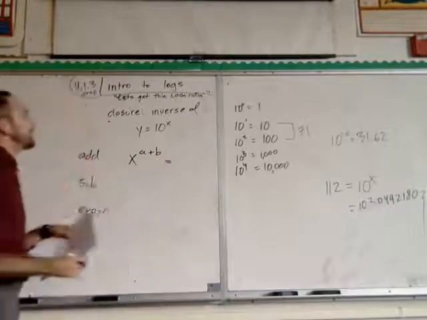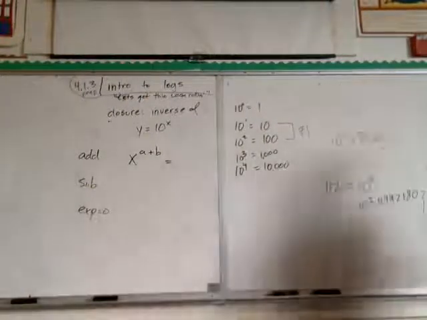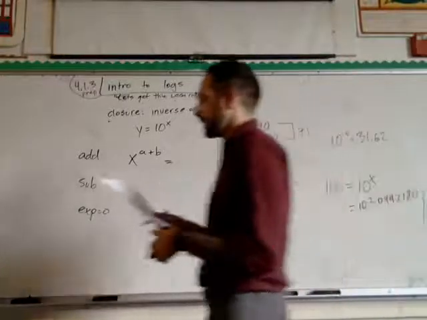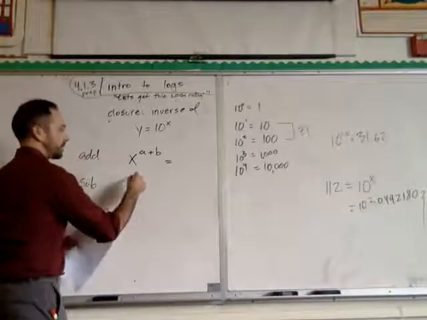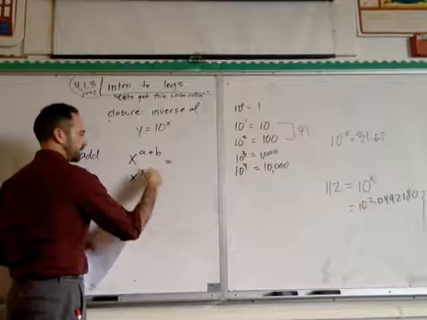If you have two exponents that are added together, what can we do with those exponents? I think of this as putting in some numbers to reinforce it.